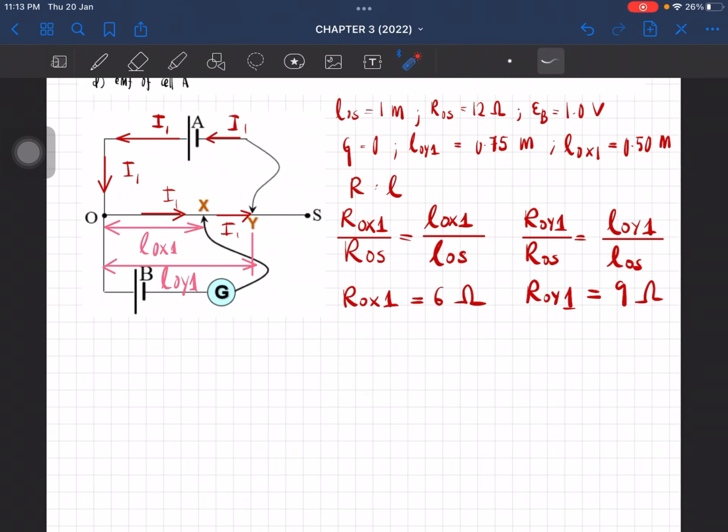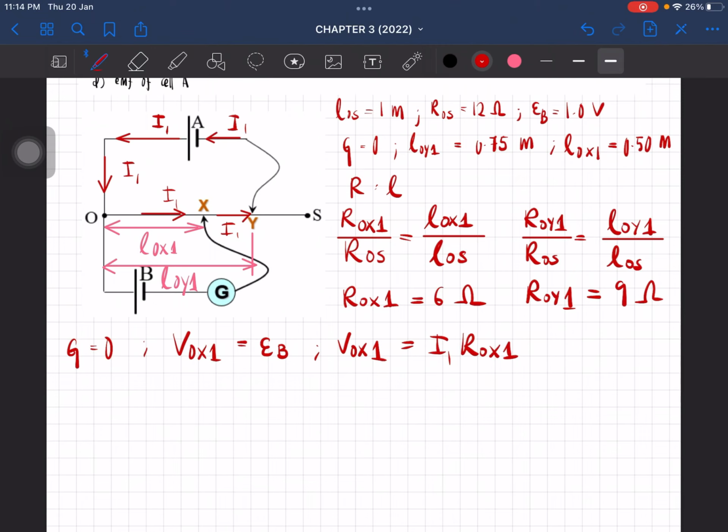After we get the resistance, we can then calculate the current, which is I1. Remember G is equal to 0, so we can state that the voltage across OX is equal to the EMF at point B. From here, VOX1 is also equal to I1 ROX1.